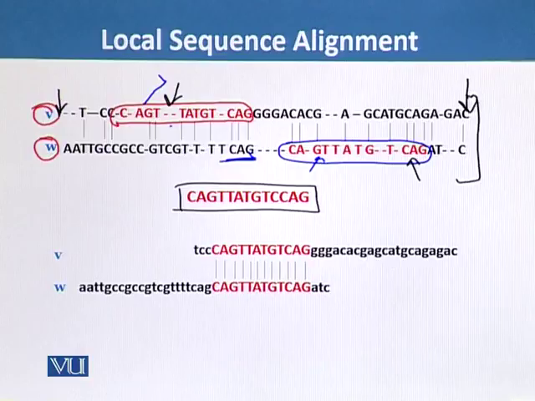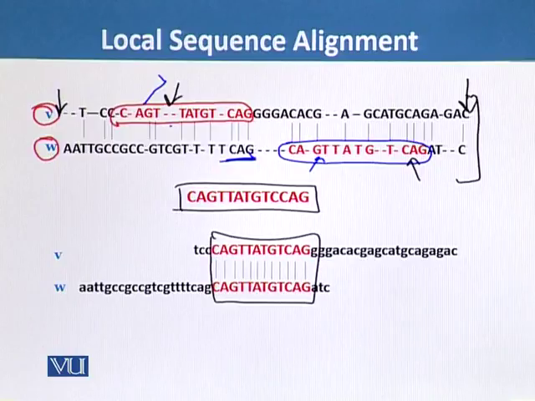But if we align the two domains that are conserved in these two genes, then the score for the two aligned genes will be higher than for the global alignment.